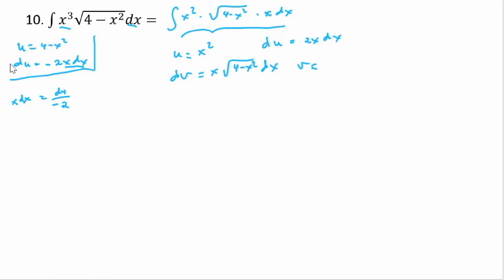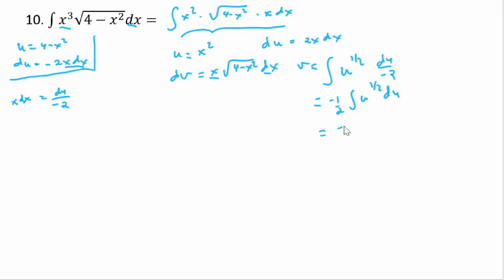So this is my solution for that case. We have the integral now of u, which is 4 minus x squared. So this can be written now as u raised to 1 half, and x dx, which means du over negative 2. By simplifying, I can write now negative 1 half times the integral of u raised to 1 half of du.